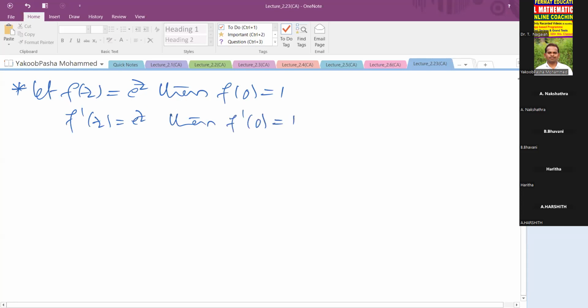And we can use the Maclaurin's series to expand it. Simply, I am directly writing it, to remember the expansion of e to the power of z.